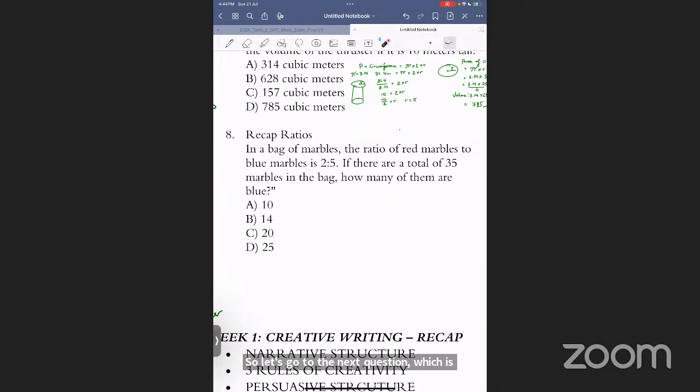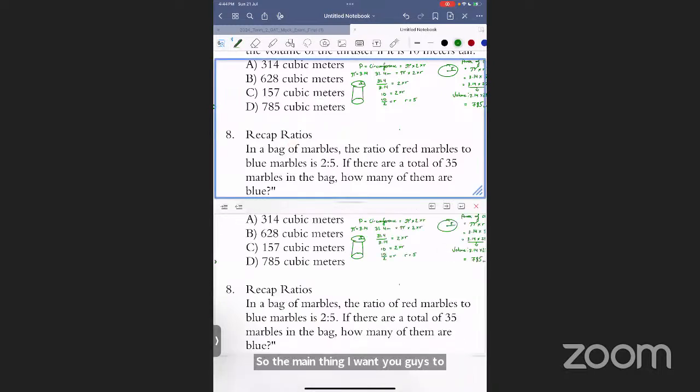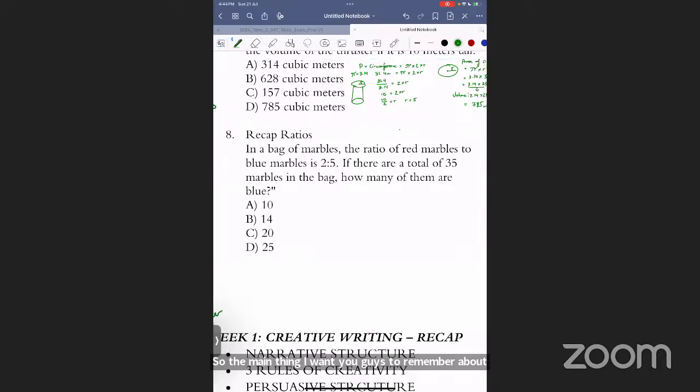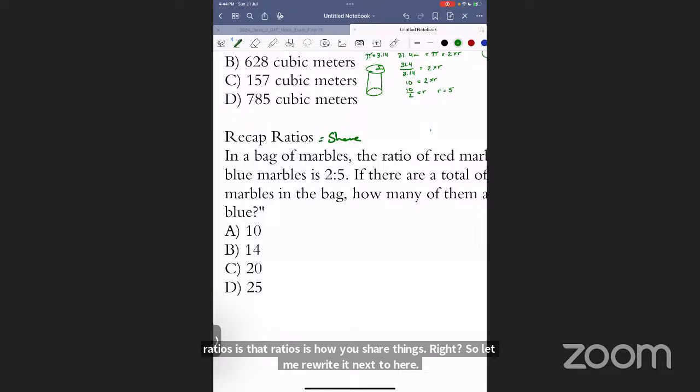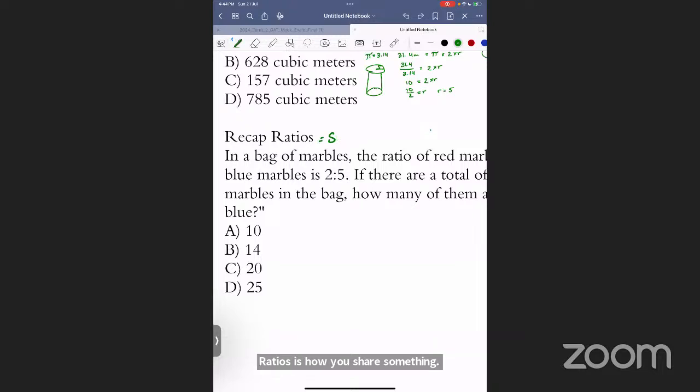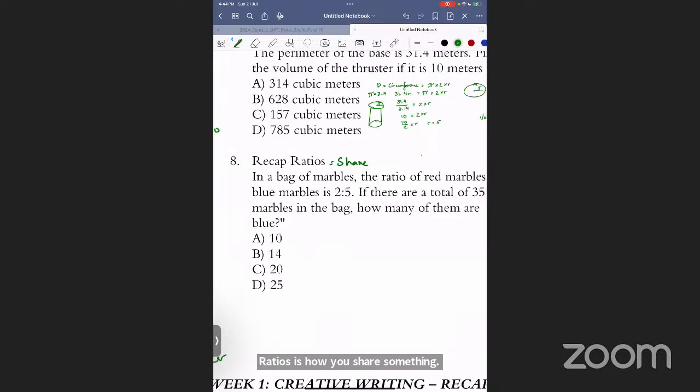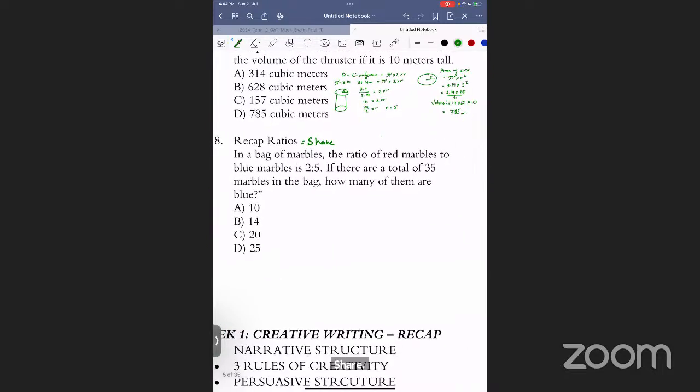question ratios. The main thing I want you guys to remember about ratios is that ratios is how you share things. Here we have, in a bag of marbles, the ratio of red marbles to blue marbles is 2 to 5.